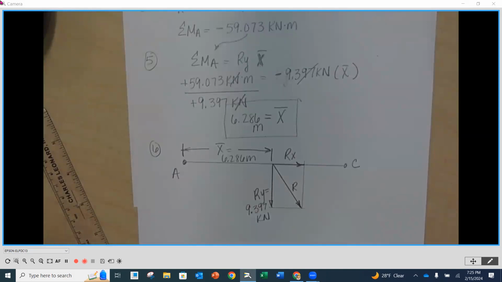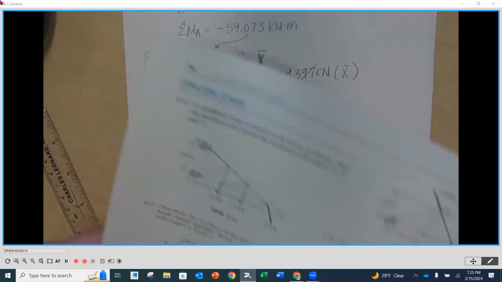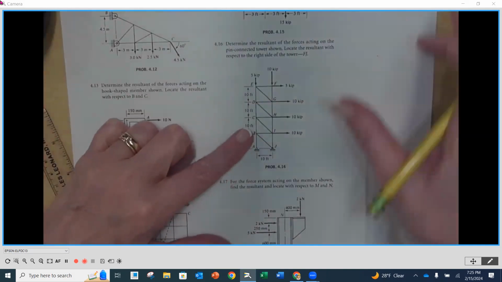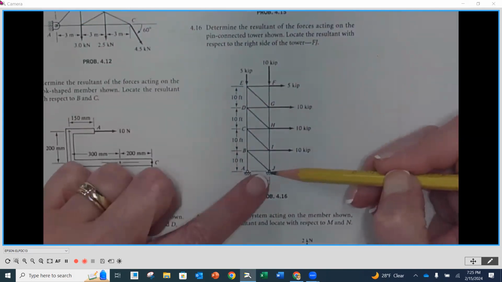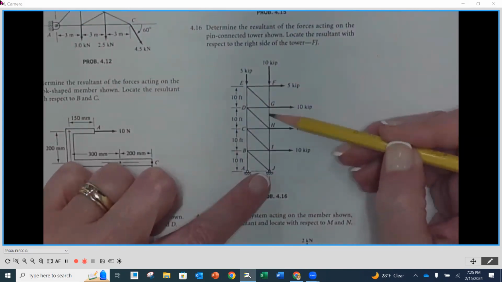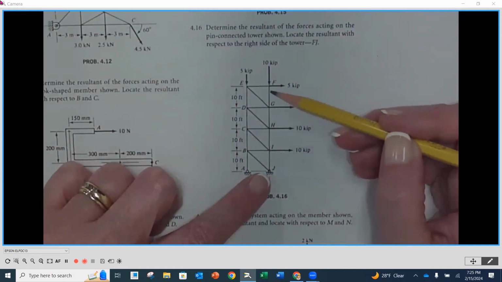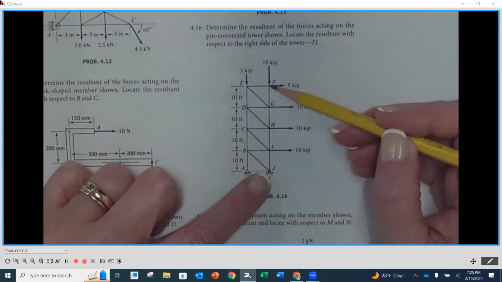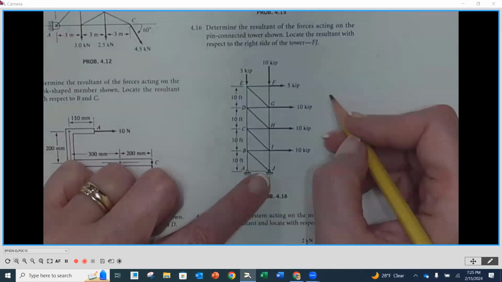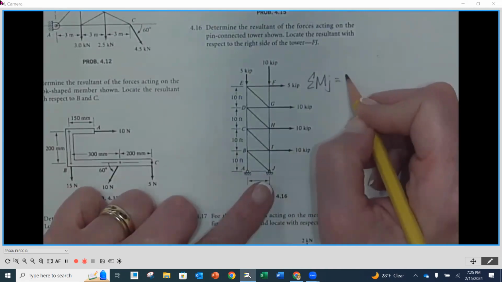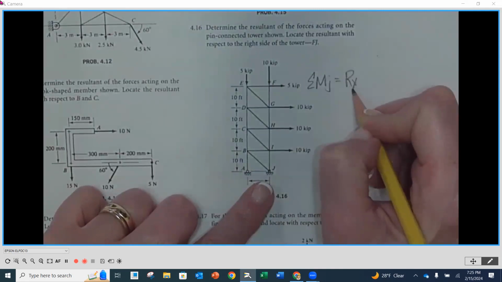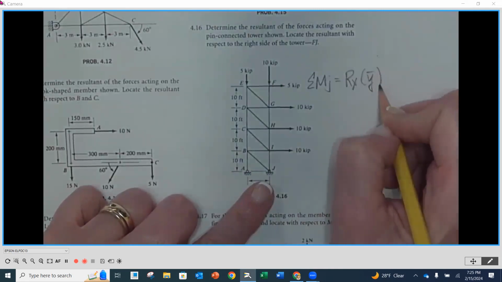So if we look at 416 here, this is the other problem that you're going to do independently. You're going to locate your resultant along this line JF. That line is vertical instead of horizontal. You're going to have a Y bar distance. So your sum of moments, for instance, around J is going to be equal to your Rx component times Y bar.